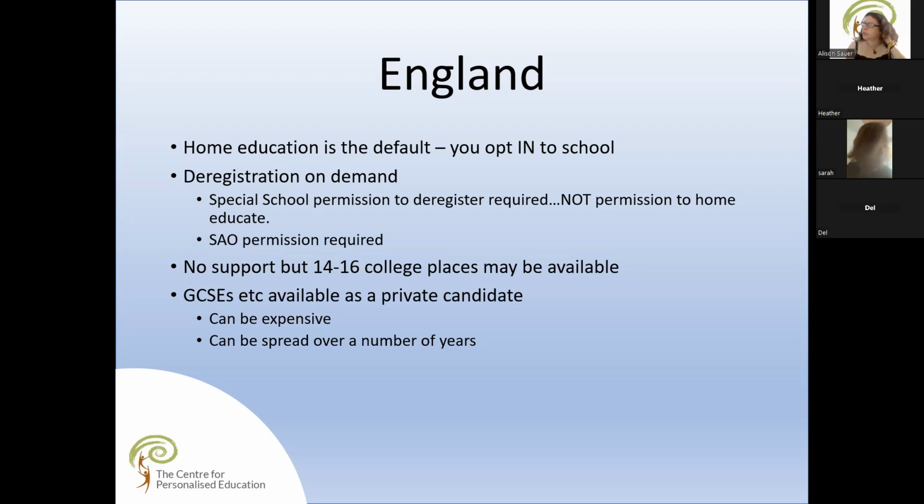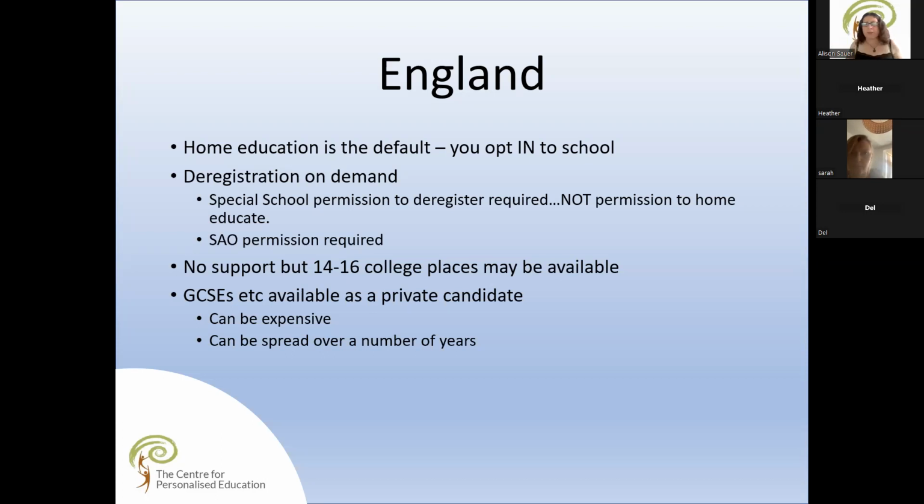We do have permission to deregister in special school, but again, it's not permission to home educate, it's permission to deregister, and that's intended to be so that things can be put in place if they need to be put in place to meet your child's special educational needs. And if you have an SAO, that's a school attendance order, you do need permission to deregister.